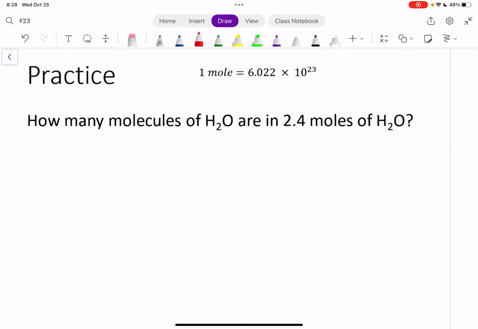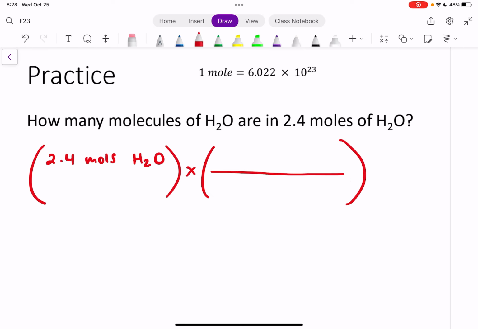So we're going to start with what we're given, which is 2.4 moles of H2O. Always write what type of atoms or compounds I have right here, right? So 2.4 moles of water. And then I know I'm going to have some conversion factor here.